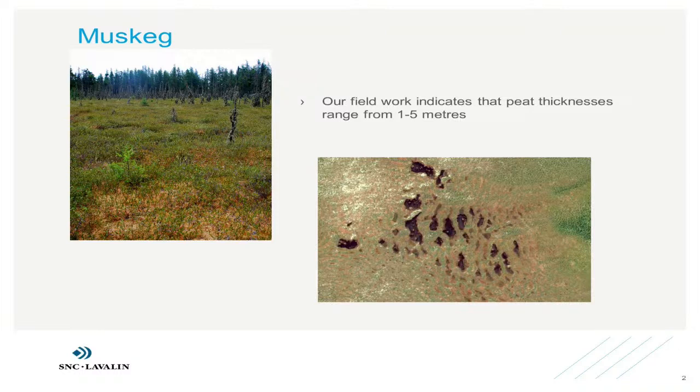So your next question might be, what is muskeg itself? What does it consist of? Well, it consists of basically dead organic material in varying states of decomposition. And when I talk about decomposition, what I mean is breaking down.